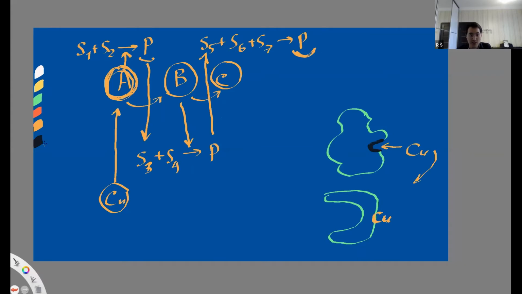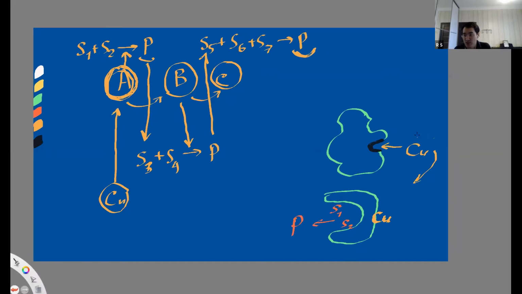With the change of the conformation, it can accept, which one? A, okay. So it can take S1 and S2 here, make them closer to each other, and control the reaction of the production of E.